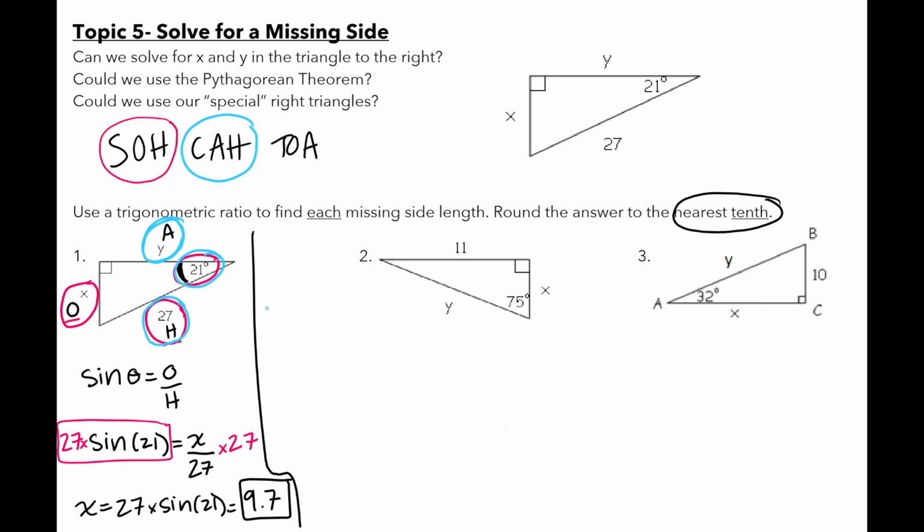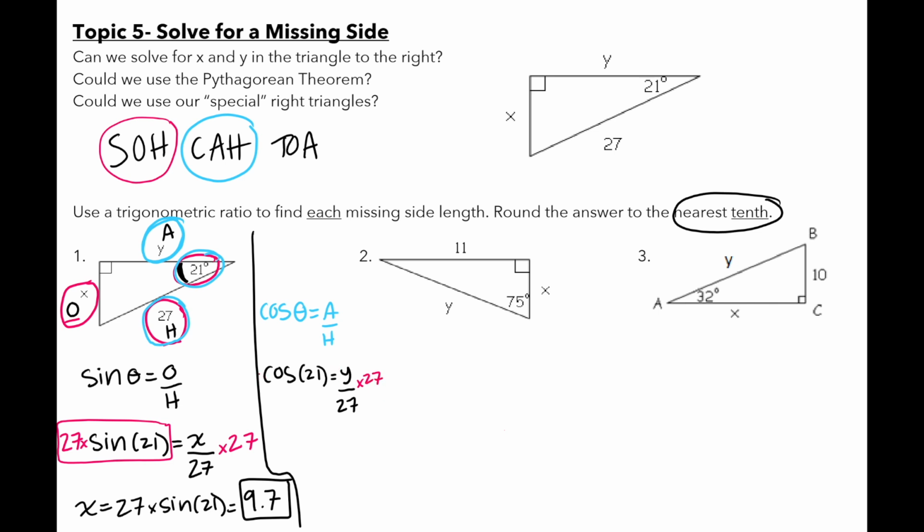I know that cosine of theta equals adjacent over hypotenuse, so cosine of my angle, which is 21, will give me the ratio of y over 27. Once again, I just need to multiply by 27 to get rid of it and get y by itself.